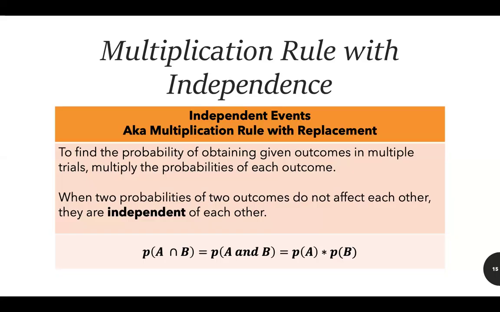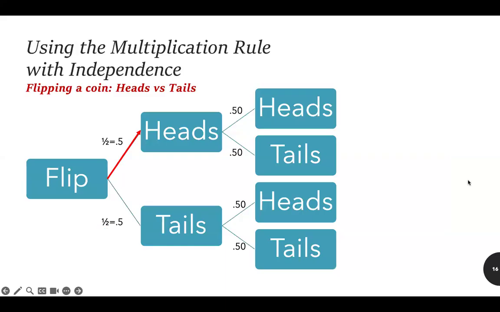So the multiplication rule with independence is specifically talking about what happens if the options are the same every time, so the probability does not change. With this multiplication with independence, we have the same probability each time. As an example, when we flip a coin with heads and tails, the first time we flip the coin, we're going to get a 0.5.